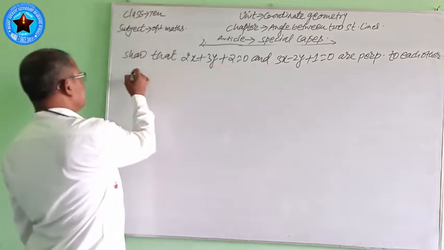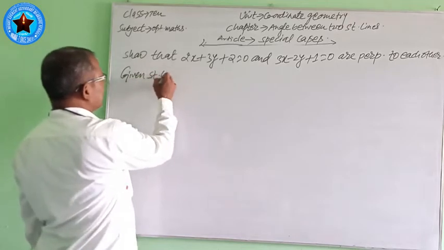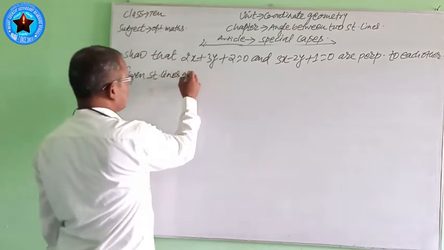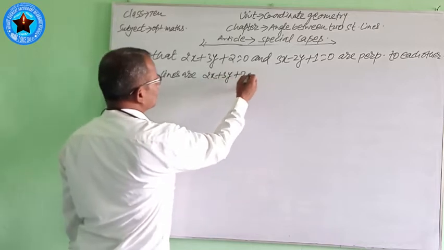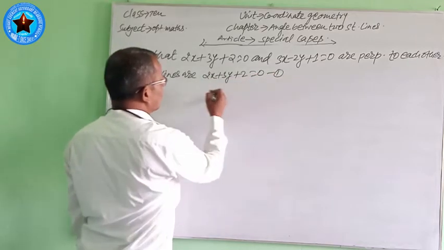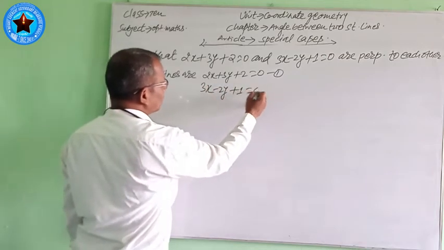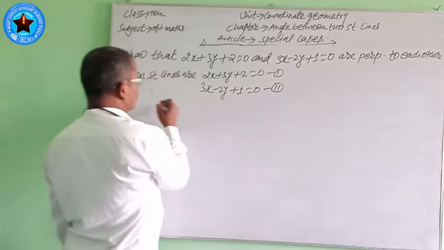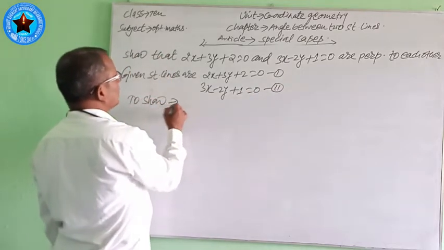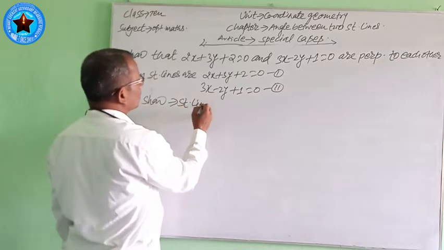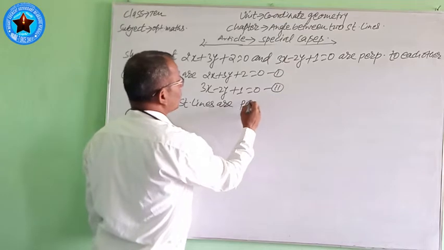That is, given straight lines are 2x plus 3y plus 2 equals 0 and 3x minus 2y plus 1 equals 0. To show the straight lines are perpendicular to each other.